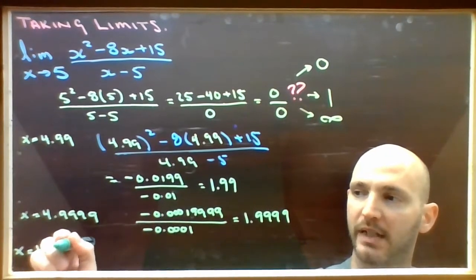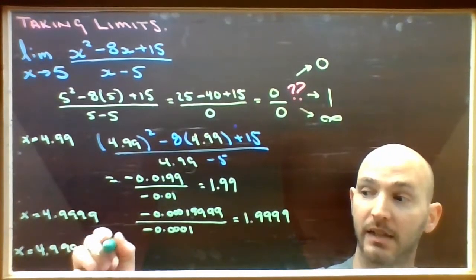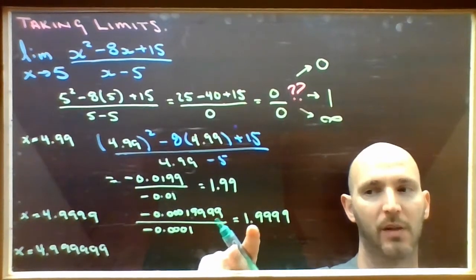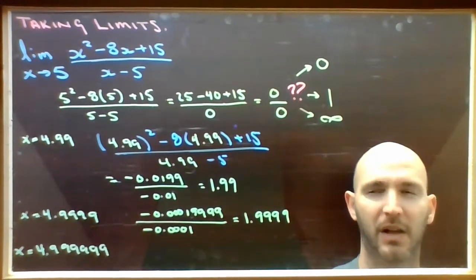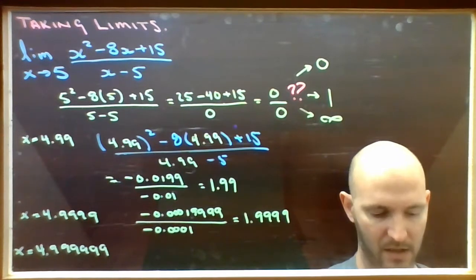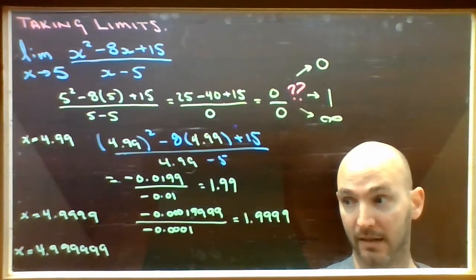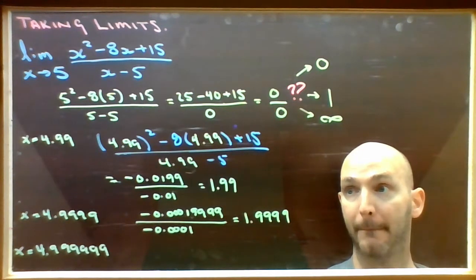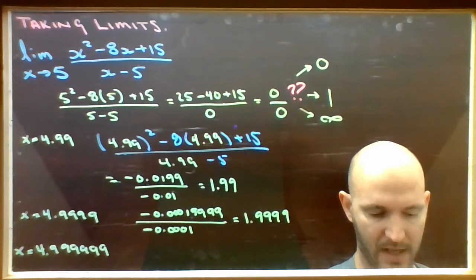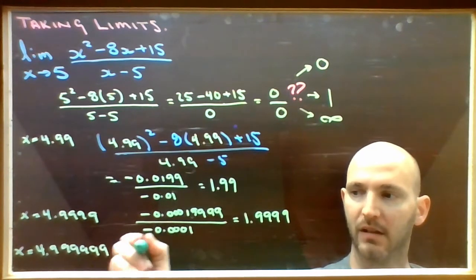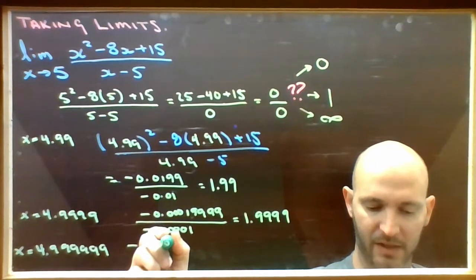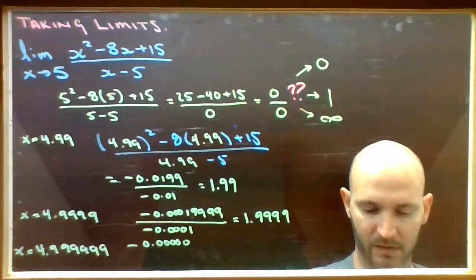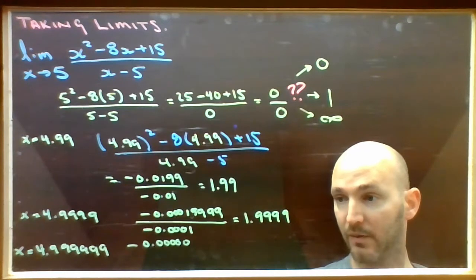All right, one more, just because 3 is the magic number. X is 4.999999. I bet the answer is going to be 1.999999, but let's just do it to find out. 4.999999 squared minus 8 times 4.999999 plus 15 gives me a tiny negative number, about negative 0.000001.